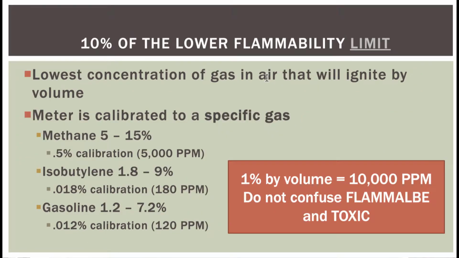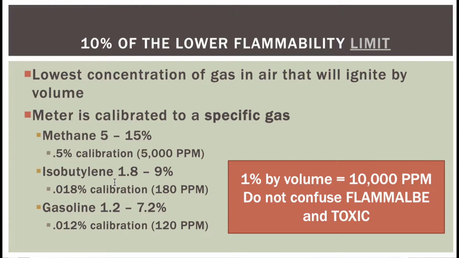So we're monitoring for 10% of the lower flammability limit, and this is the lowest concentration of gas and air mixture that will ignite by volume. We calibrate our meter, which reads this lower flammability limit, to a specific gas. So we may calibrate it to methane, which would be 500 parts per million.